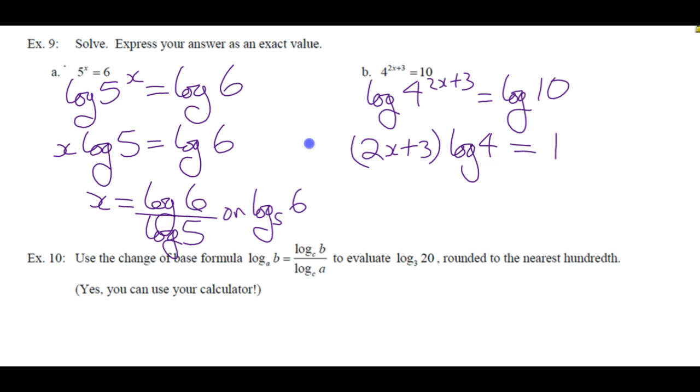All right, now what? Okay, so I guess we got to divide both sides by log 4, and then subtract 3, and then divide everything by 2. So do that. Divide both sides by log 4. And then subtract 3.